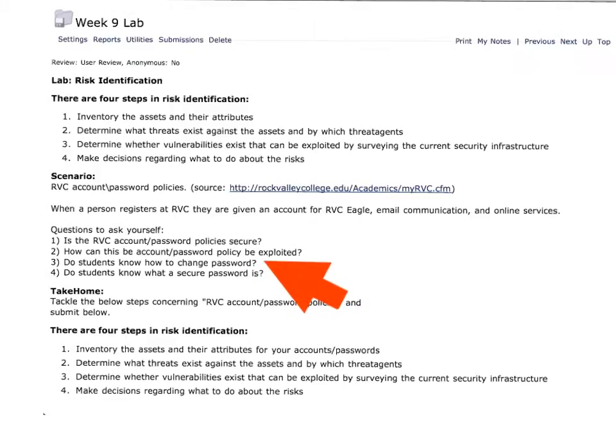I always ask students, like you might have some classes after tonight, ask around, just ask students in the classroom you have classes with, hey, do you know how to change the password on RBC email or online services? Just kind of query students. You'll be surprised how many do not know. And you'll be surprised how many faculty do not know how to do this. These services are sometimes never used.